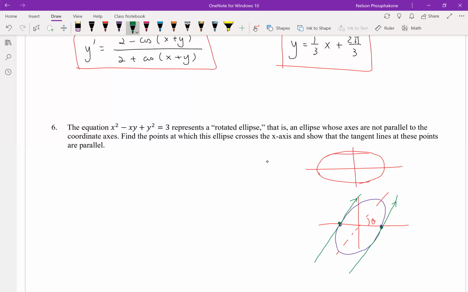So here are the steps that we need to do. First, we need to find the x-intercepts, these 2 points right here. Remember, if we want to find the x-intercept, we let y equal to 0. The second step is we need to find y prime.